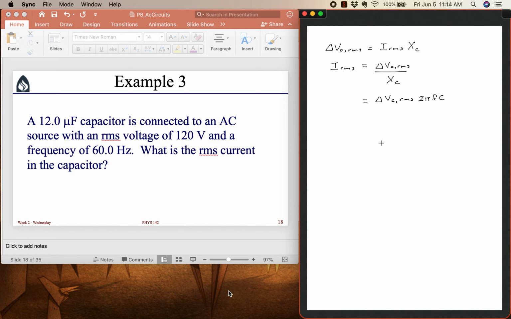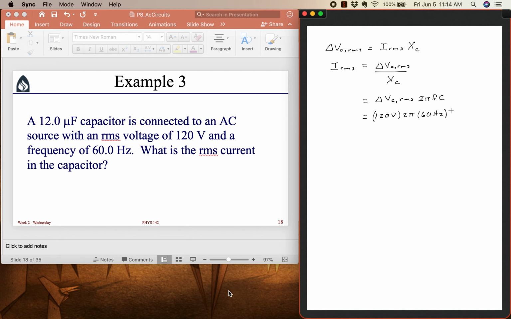So we have all of those quantities, we can plug them in. The RMS voltage across the capacitor is going to be 120 volts. And then we have that multiplied by 2 pi. The frequency is 60 Hertz.